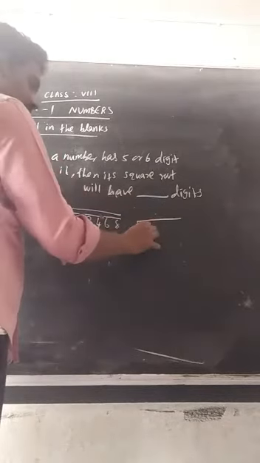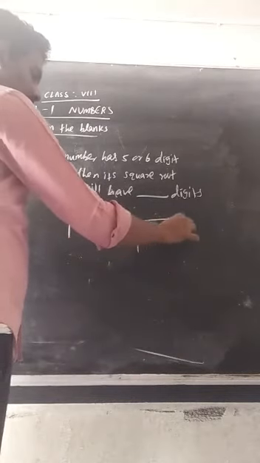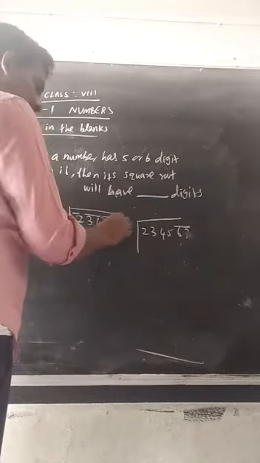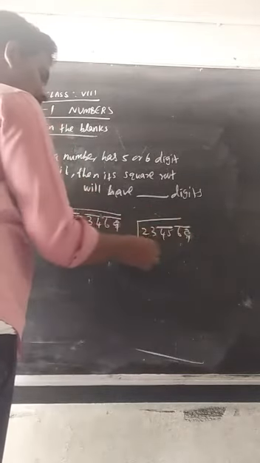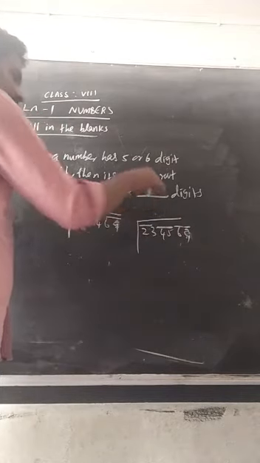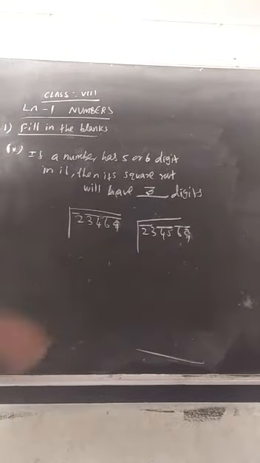In the case of 6 digits, for example, 2, 3, 4, 5, 6, 7, we get 1, 2, 3 bars. So the square root will be 3 digits. Based on the bars, we can decide how many digits will come. Okay.